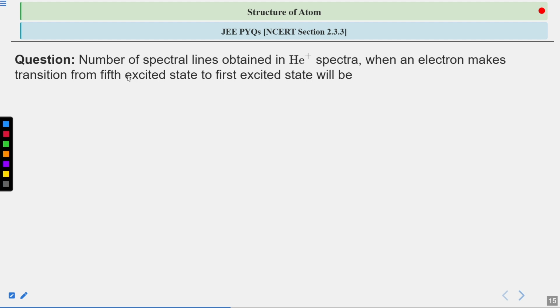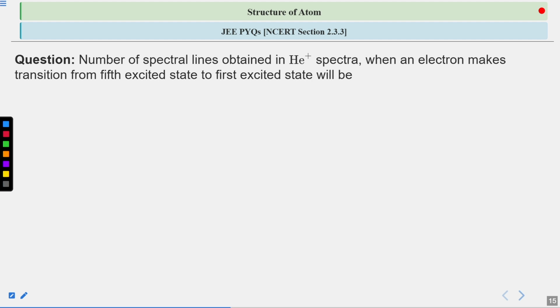So you have to tell how many spectral lines you are going to obtain in the helium positive spectra, not in hydrogen, when the electron makes a transition from the fifth excited state to the first excited state. N1 equals 5, N2 equals first.